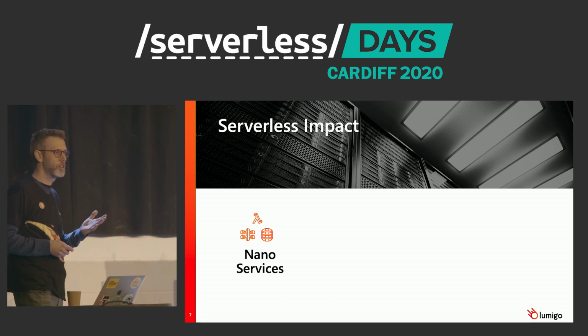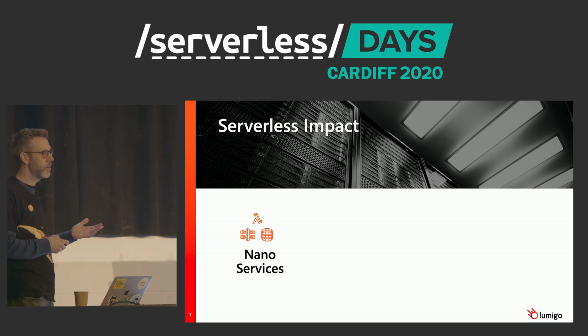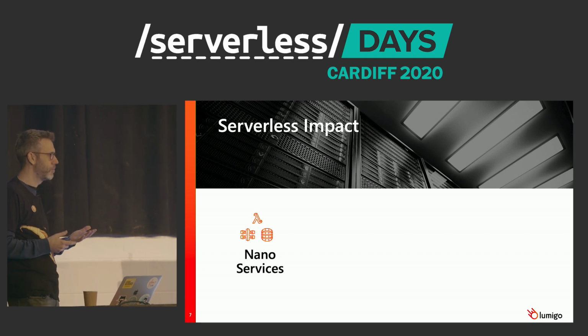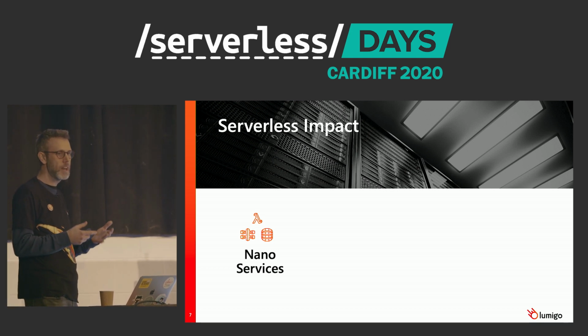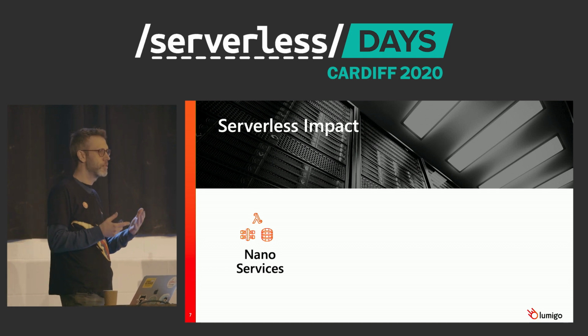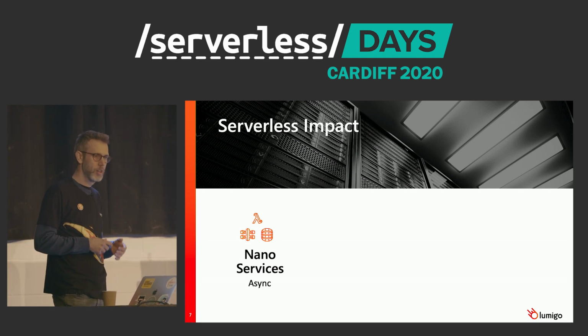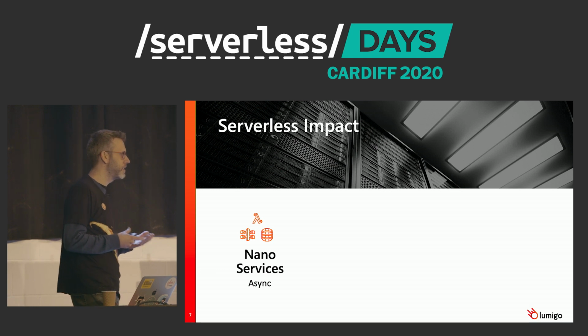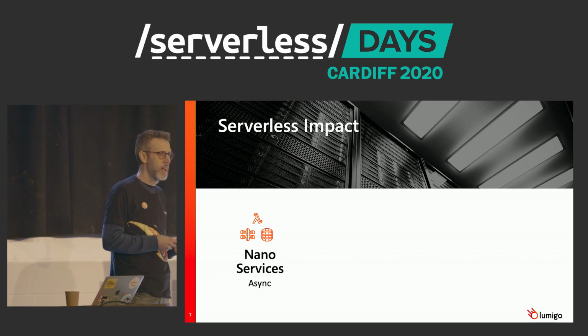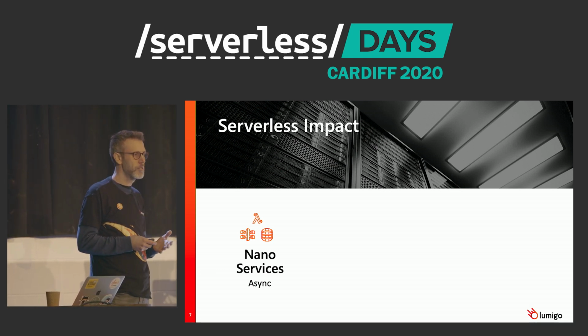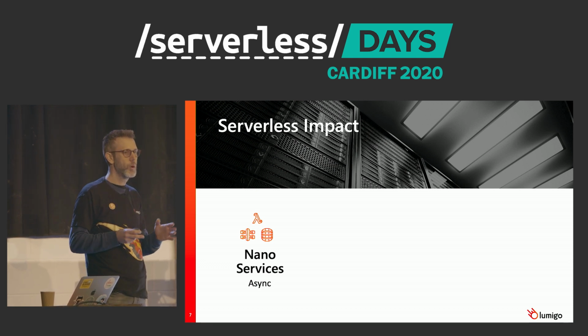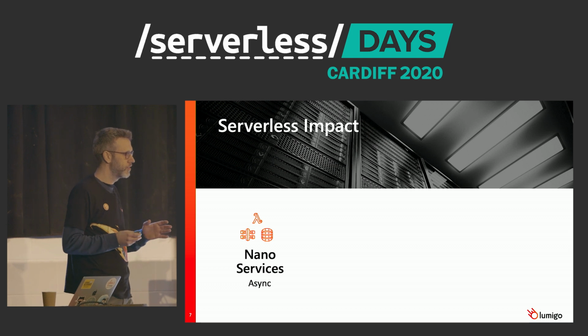So you have nano services, and because it's nano services, you have a distributed environment, and the more nano services you have, the more distributed it is. A lot of times you're going to use asynchronous patterns in order to keep your environment scalable and resilient. You want to find different ways to decouple the different services.